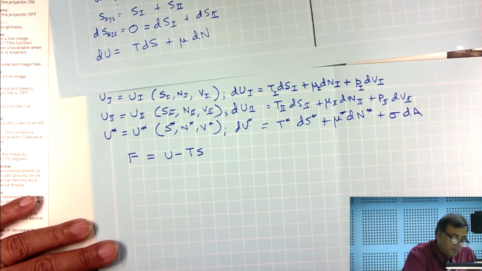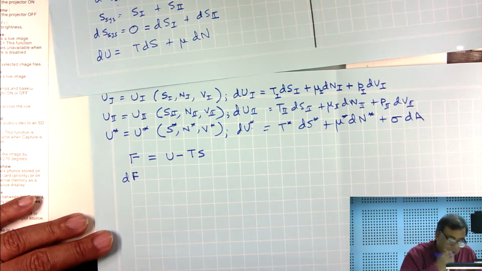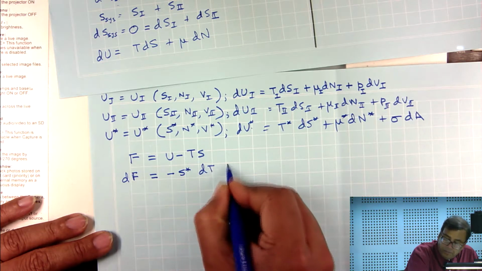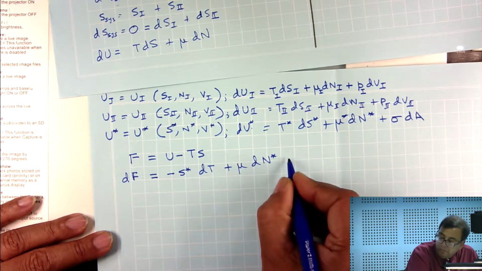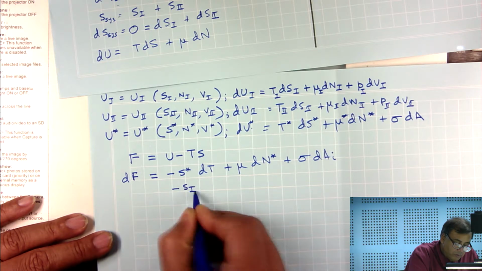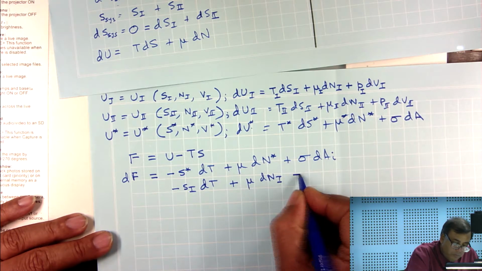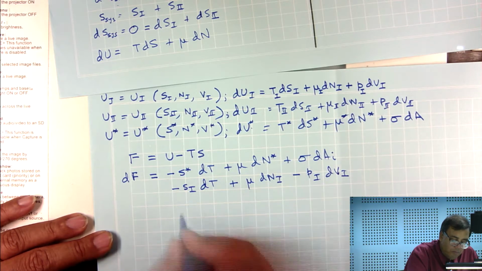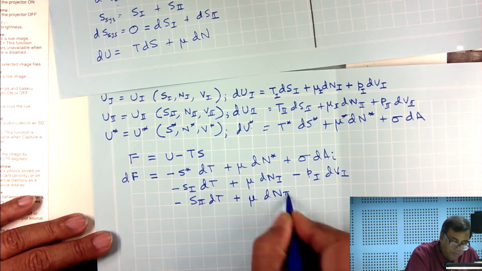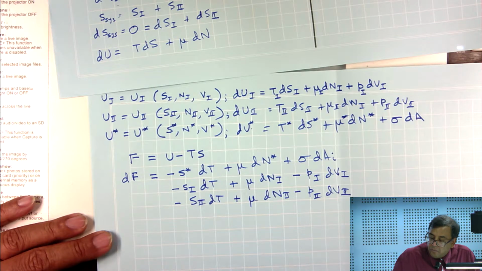If I look at the change in the Helmholtz free energy because of the deformation of the interface, if I substitute these equations, I will end up with, okay.